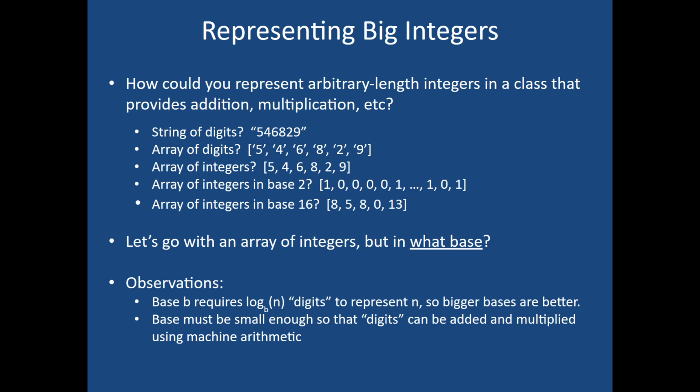So the biggest integer we should have is about 2 to the 32. So that's the base we'll use, base 2 to the 32. There are 2 to the 32 digits in that, not digits in quotes, digits is a base 10 thing. There are 2 to the 32 things: 0, 1, 2, 3, 4, 5, 6, 7, all the way up to 2 to the 32 minus 1.